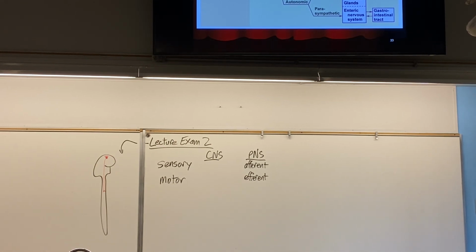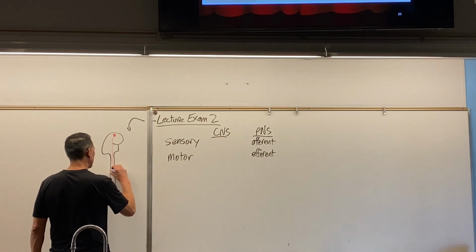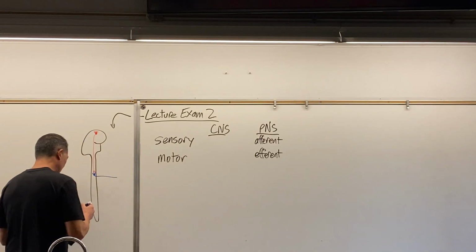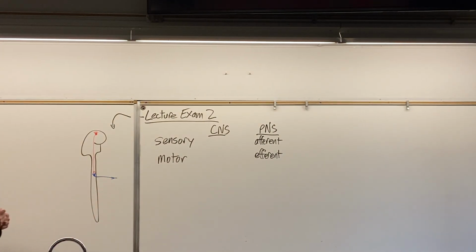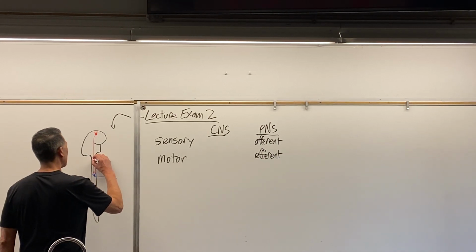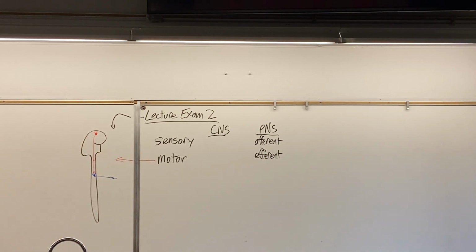But in the CNS, especially as it relates to the spinal cord, and these are just really easy motor neurons, multipolar. The little eyelashes there, those are the dendrites, the circle is the cell body, and the single line is the axon. Because of that, we use different words in the CNS.